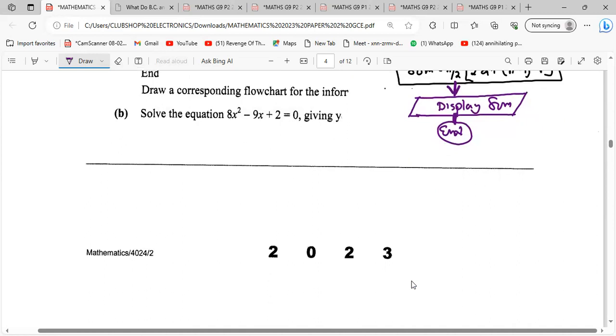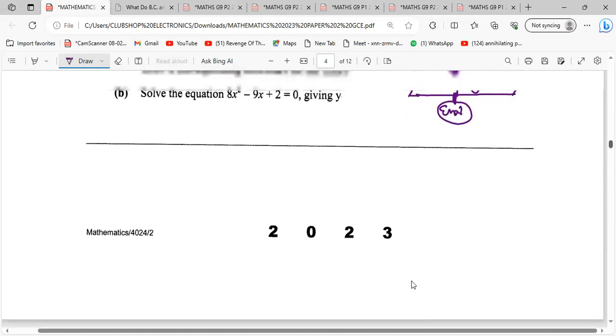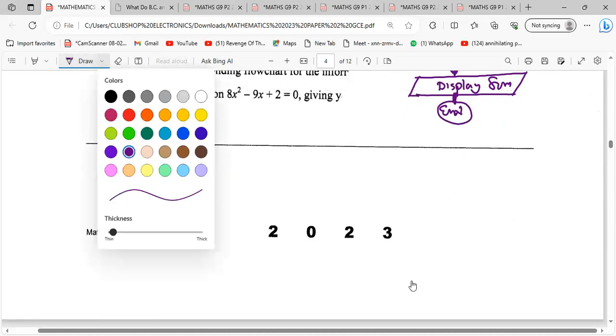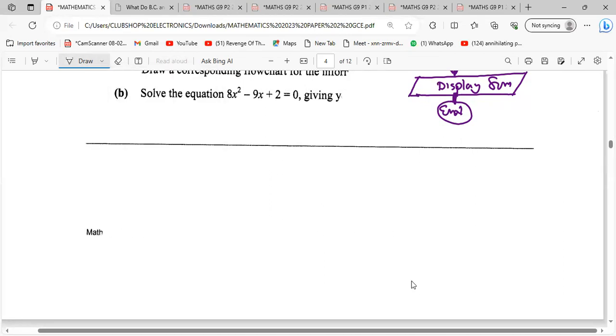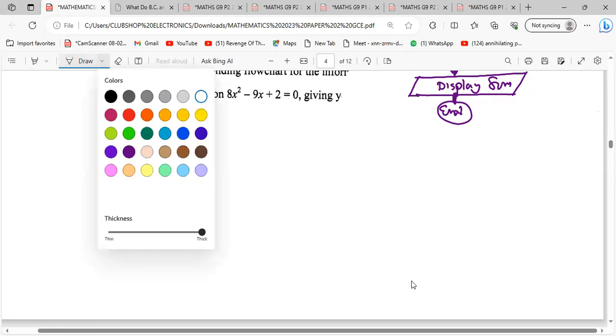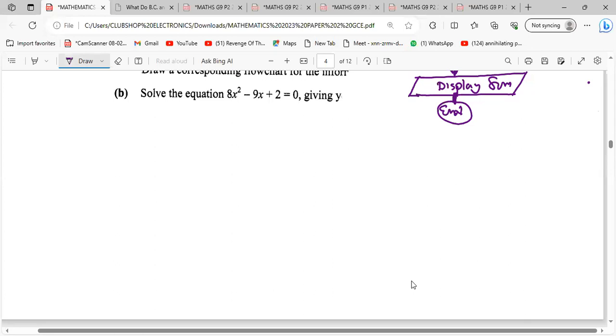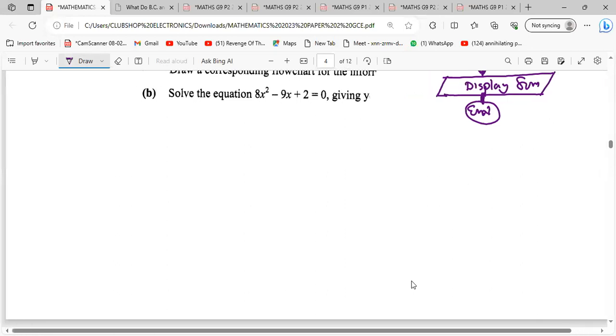Then we go to question 5B. Okay, so we are saying solve the equation 8x squared minus 9x plus 2 is equal to 0, giving your answer correct to 2 decimal places.